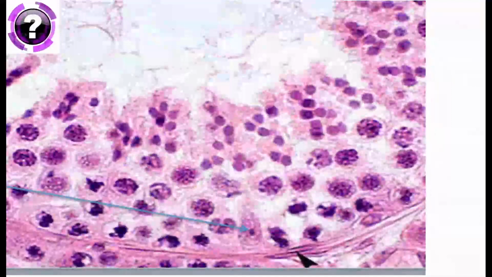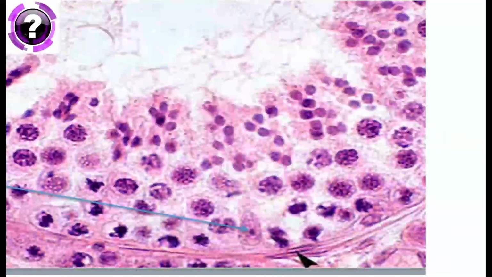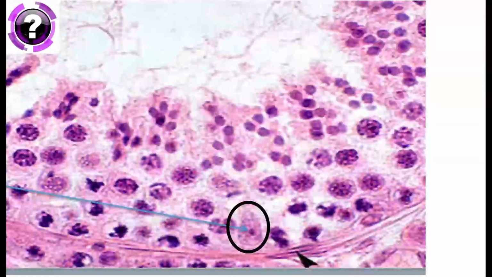What is this section? Now we know this. We have been repeating this several times. It is a cross-section of the seminiferous tubule showing the germinal epithelium. If we look at the lower part, we can see inside this black circle a large nucleus with a small nucleolus.